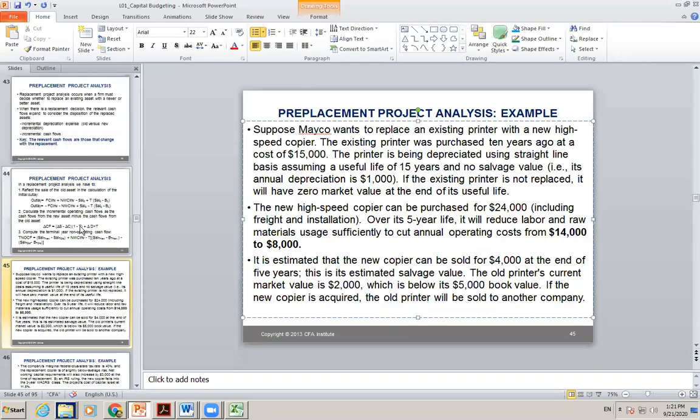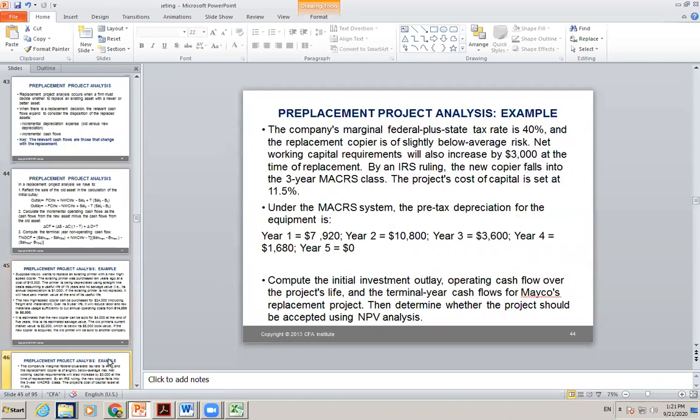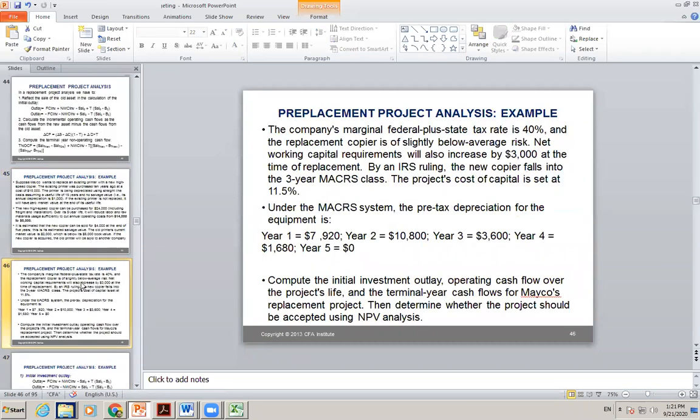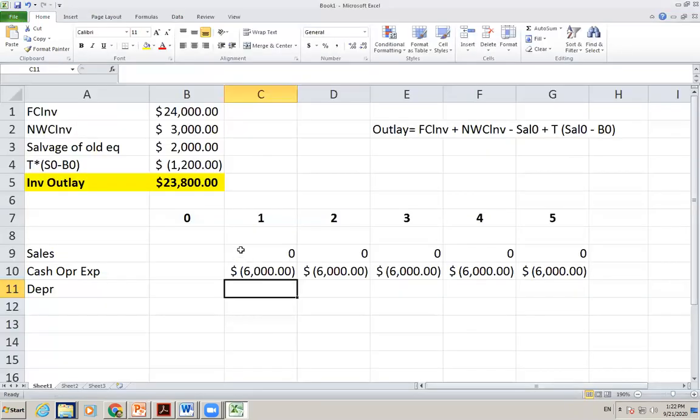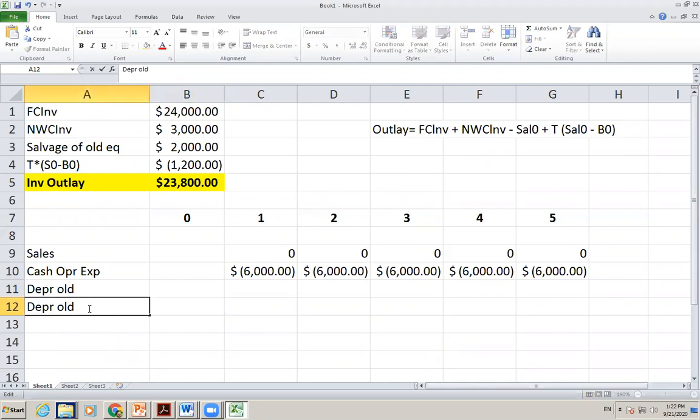Wait a second. The values are given here for markers. Let me make it like this: depreciation, old. Depreciation, new. Old, it's obvious, 1,000.